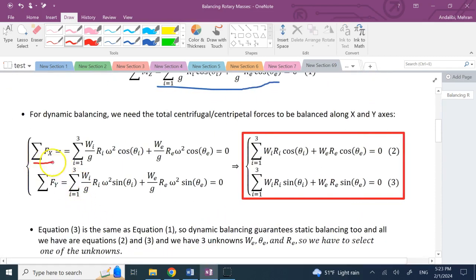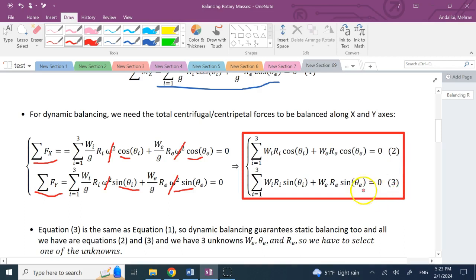We decompose those centrifugal forces along X and Y. For X, we're going to have cosine theta. For Y, we're going to have sine of the angles. And if you set them equal to 0, you can get rid of the omega squared from both sides of the equation, since the right-hand sides are 0, and you get the required equations 2 and 3. So if 2 and 3 are satisfied, then I have dynamic stability.